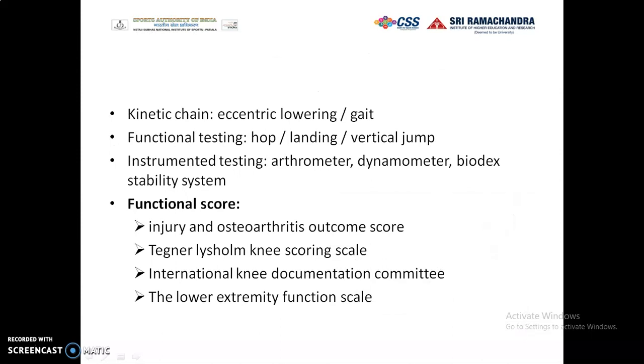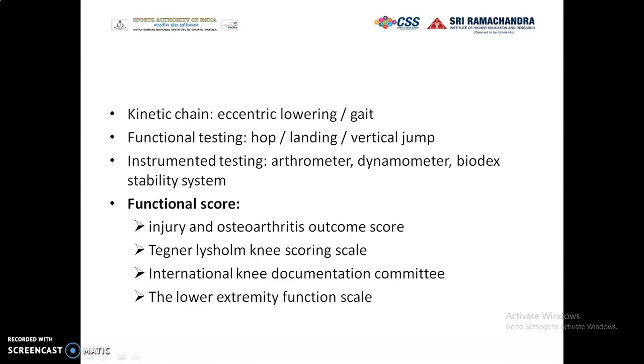And we need to focus also on the kinetic chain, eccentric pattern as well as gait pattern, the way he walks, whether the patient has got a good heel strike, foot flat, mid stance, acceleration to deceleration process. And apart from that also we have to assess the functional testing, which includes both hop, landing and vertical jump.